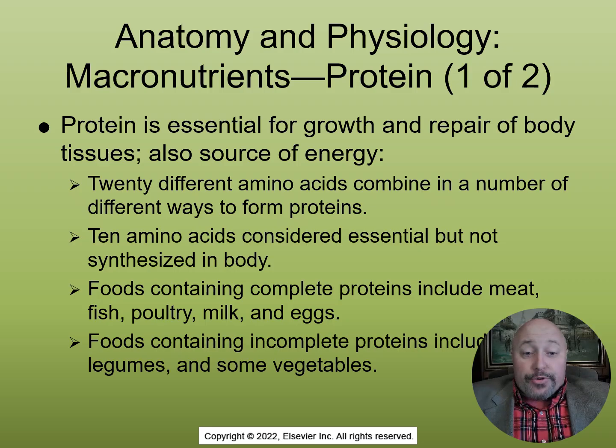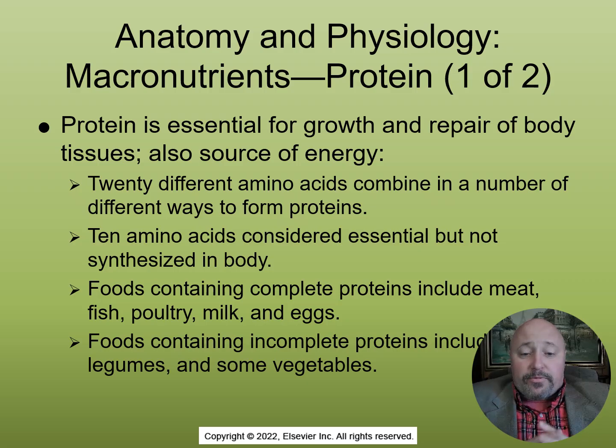Our next macronutrient is going to be protein. This is essential for growth and repair of body tissues, but also serves as a source of energy. It's comprised of 20 different amino acids that combine in a number of different ways to form proteins. 10 amino acids are considered essential but not synthesized within the body.